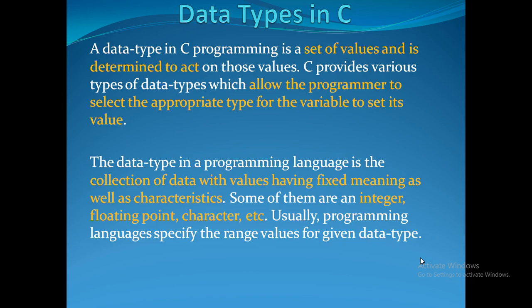A data type in a programming language is a collection of data with values having fixed meaning as well as characteristics. Some of them are integers, floating points, characters, etc. Usually a programming language specifies a range of values for the given data type. Every programming language uses data types based on the necessity of the program, based on the solutions that we have to find for the program.